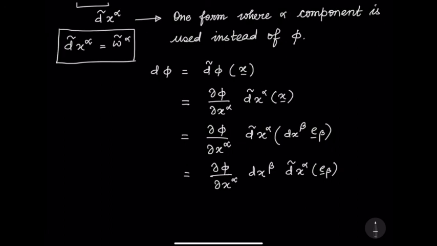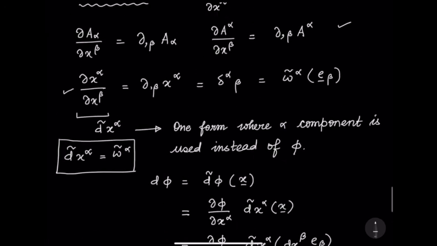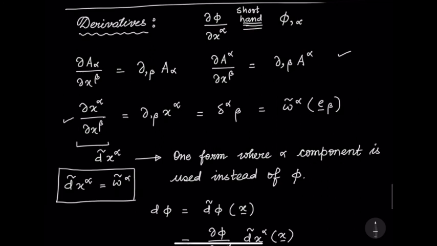So you get d phi equals, right? So this is delta alpha beta, and once you multiply that with dx beta and do the beta sum, dx beta becomes dx alpha. Okay, so this is a very interesting way of writing the derivative, and very short and very useful.